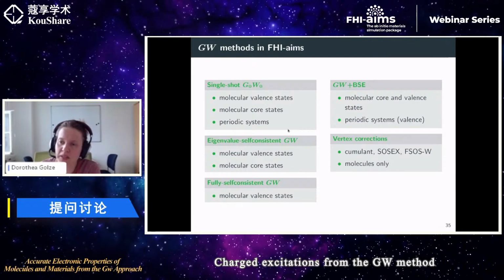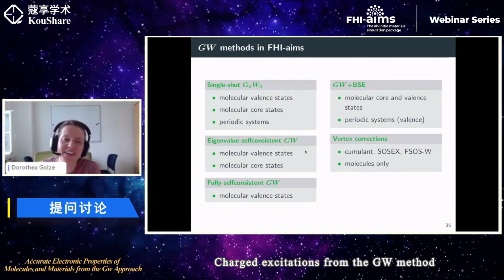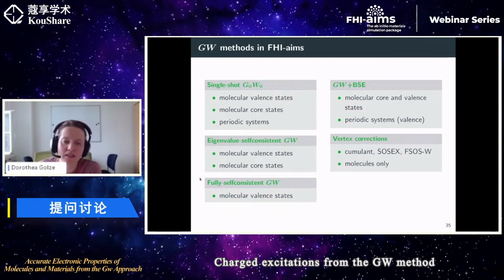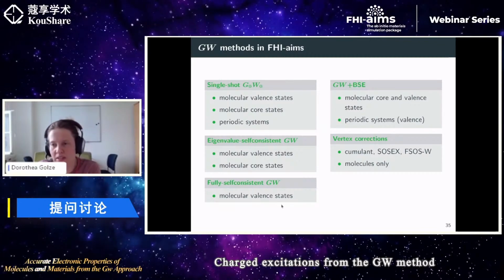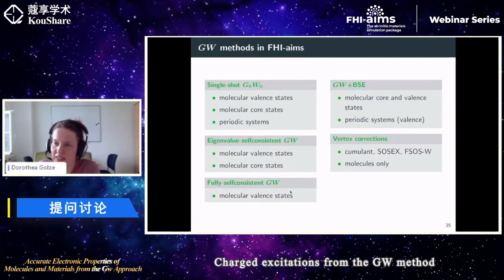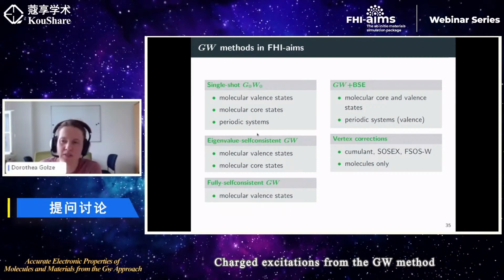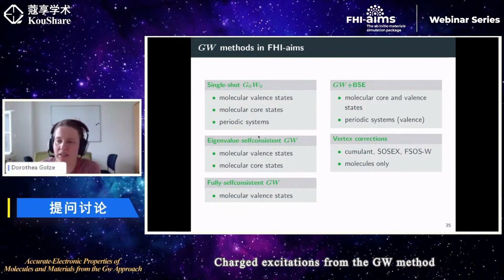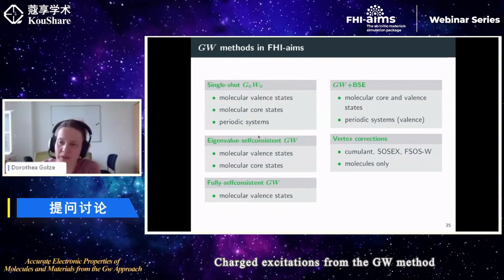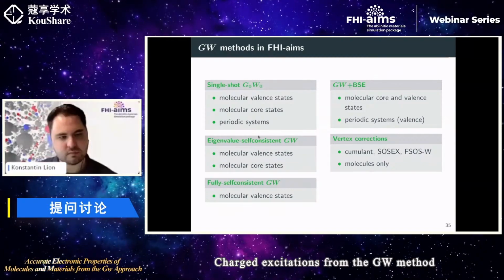But I think that was then 20,000 cores, right? And for fully self-consistent GW, I would say it's rather maybe 10 to 20 atoms that are really feasible. The eigenvalue self-consistency is typically not adding too much. It's more like you run a factor of 10 or something more, right?